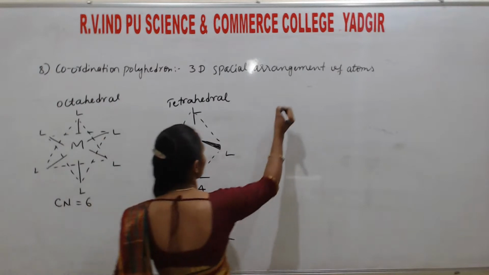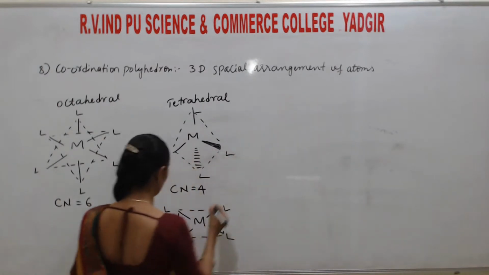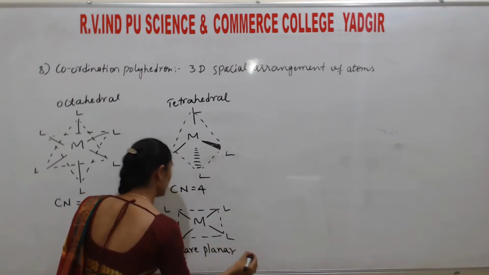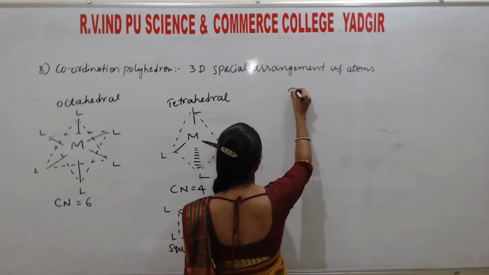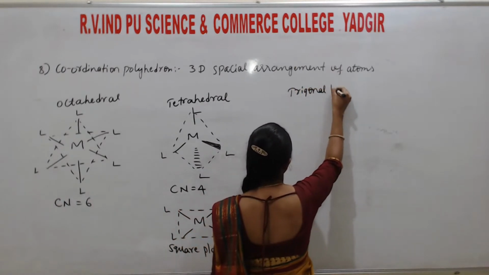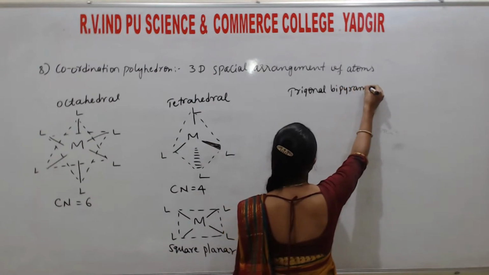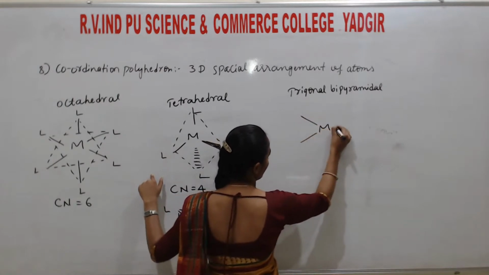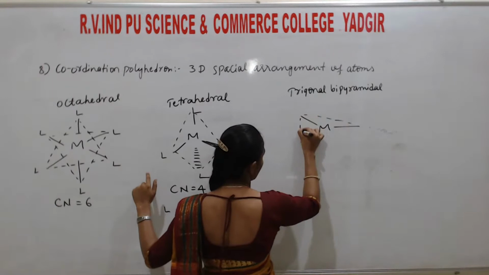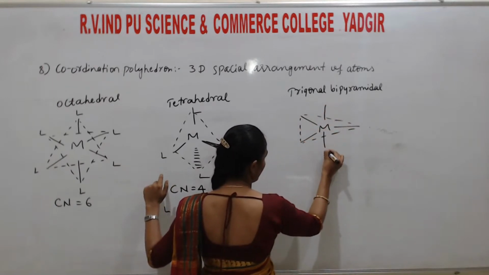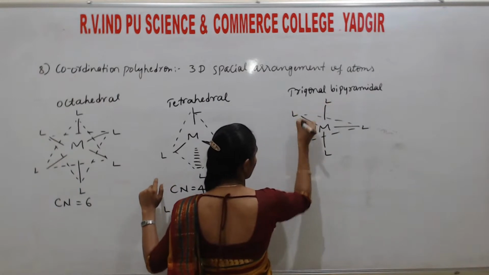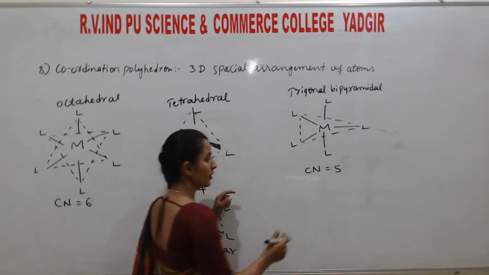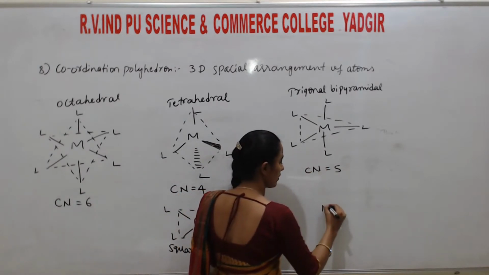So another one is there, last one, that is trigonal bipyramidal. So here what happens, students? M is there. This is triangularly bonded, trigonal bipyramidal structure. So here coordination number is how much? 5.